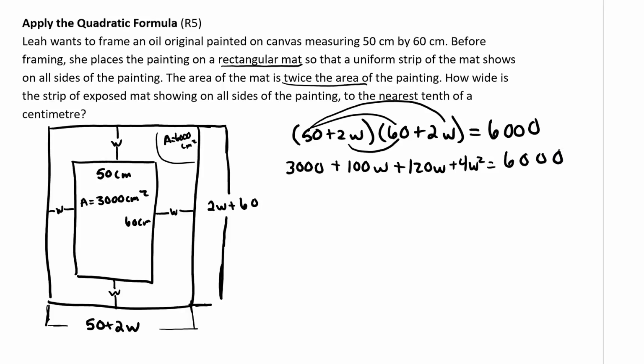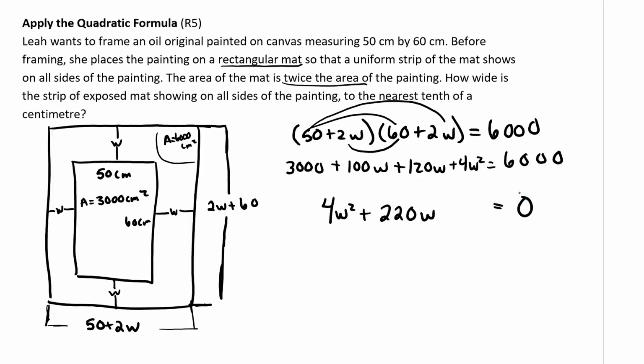Now I'm just going to put it in an order that I like, descending order of powers. So 4W squared, which is our A, plus 100 plus 120, which is 220W, and then 3,000. But we need to set the side equal to 0.